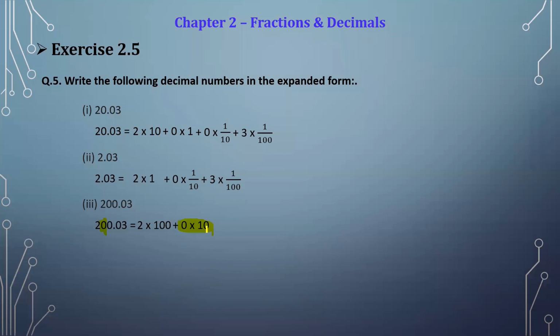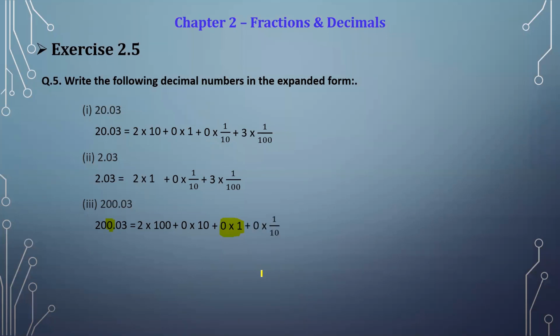Now next one, again 0 is there. This is the last 0 from the integral part, and the last 0 is obviously present at ones place or units place, so it should be multiplied by 1. So 0 into 1.